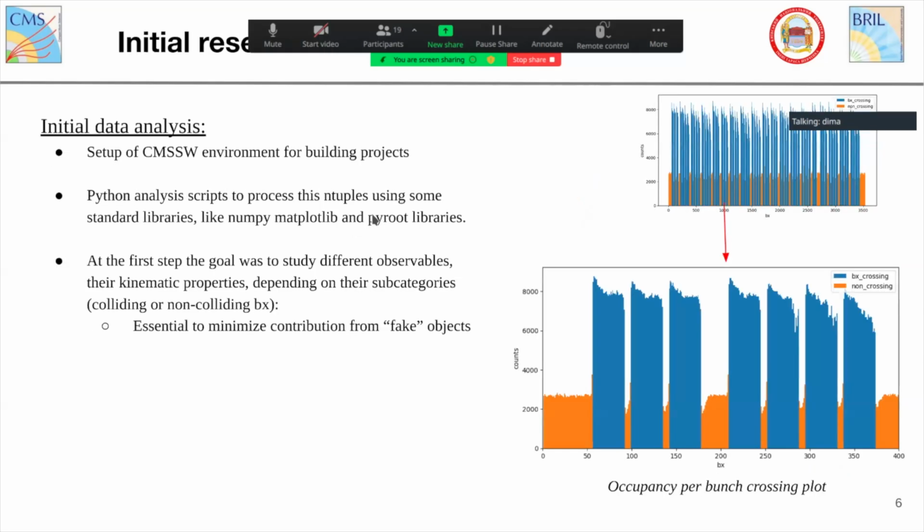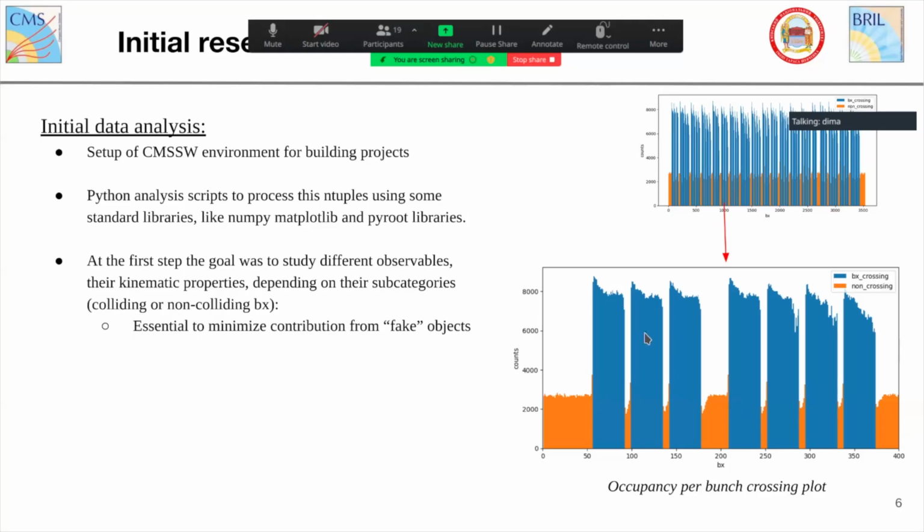So now we have three main objects: jets, muon stubs, and photons. My task was to analyze what properties these objects have and which of them are best suited for the purpose of luminometers. I should mention that in the LHC we have two particle beams which rotate in opposite directions, and these beams are not continuous.